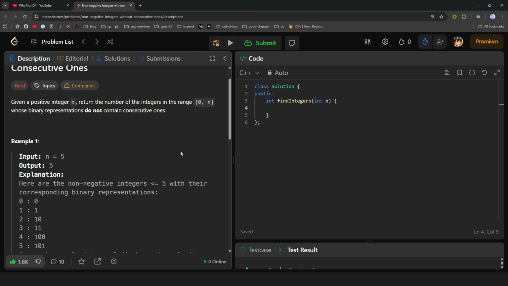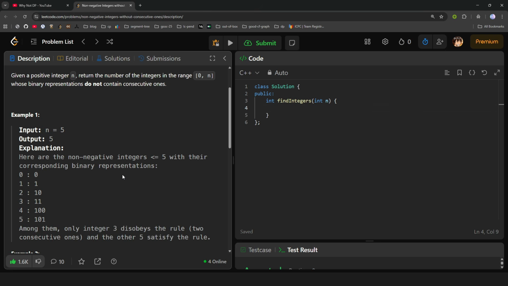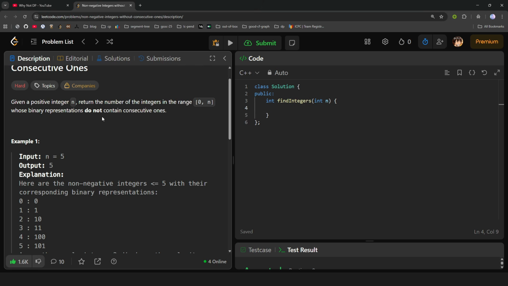So what is actually different in this problem in relation to the previous problems? In the first 3 videos, we were simply converting the given n into a string and iterating on that string, because in those problems we did not have to do anything with the binary representation of the given n.